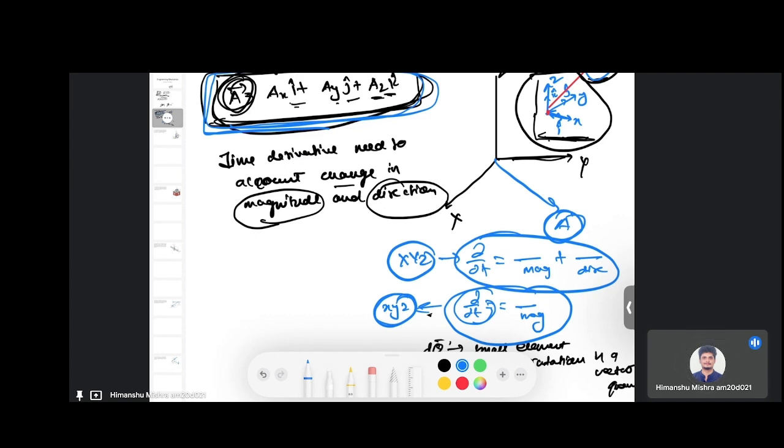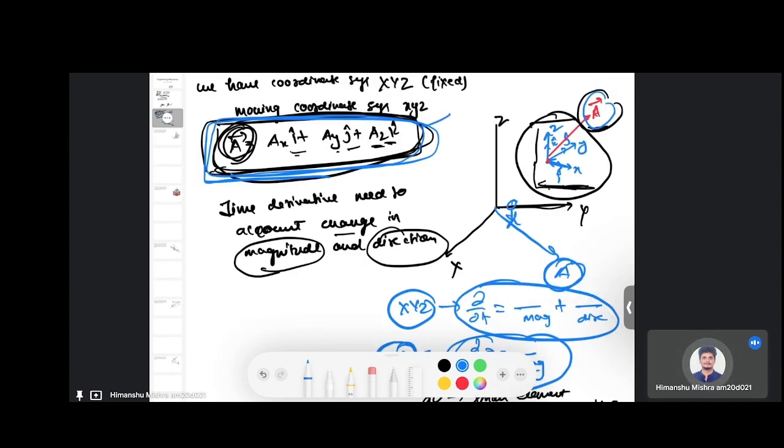recognize that. But if you are sitting in the fixed frame, only then you can see that, okay, the vector is moving, and it is moving in the same fashion as the small xyz coordinate. Okay, so if you take the time derivative of this equation, which I have written in the moving frame coordinate, then its time derivative only contains change in magnitude.